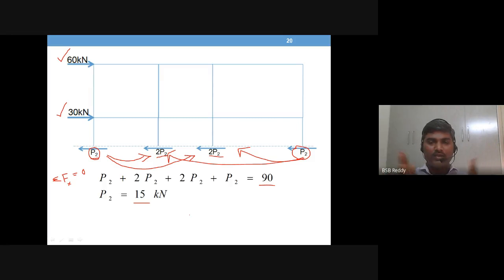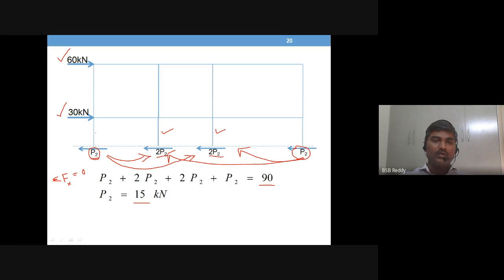And then for the interior columns, it is double 15, so 30 kilonewtons is the column shear in the internal columns. Okay, so these two columns will have 30 kilonewton shear.